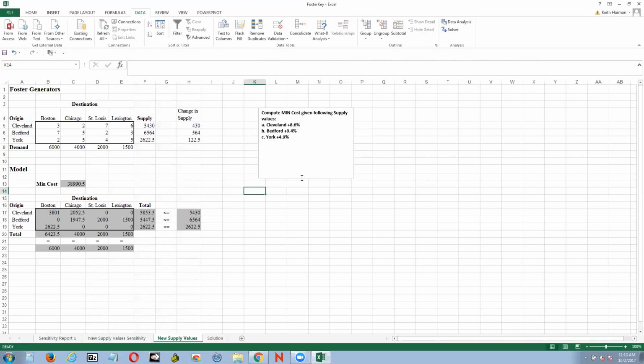And then notice those totals all change, and those totals have to be equal to or less than the values over in column H. But in fact, the total for Cleveland is greater, so that constraint isn't operative. When we look at the total for Bedford, it meets the constraint.